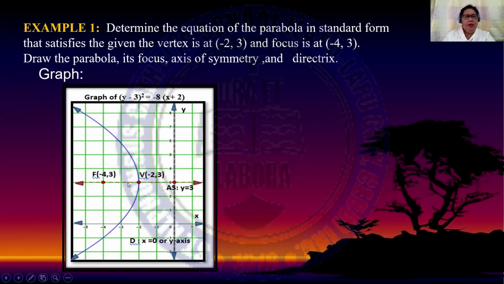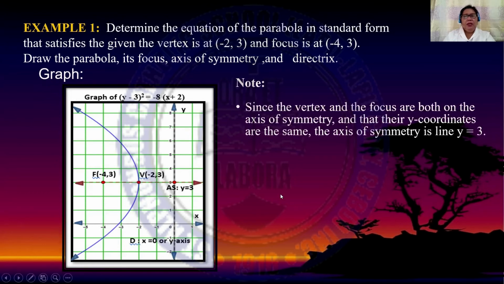And from here, that's equivalent to 2 units. From the vertex, you count 2 units and draw the directrix. The axis of symmetry is y equals 3 because the line passes through y equals 3.